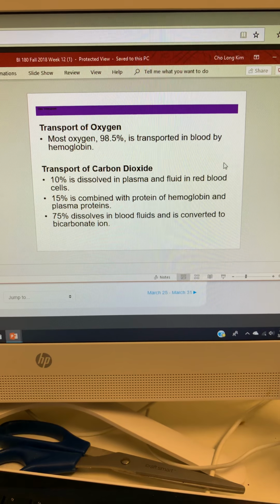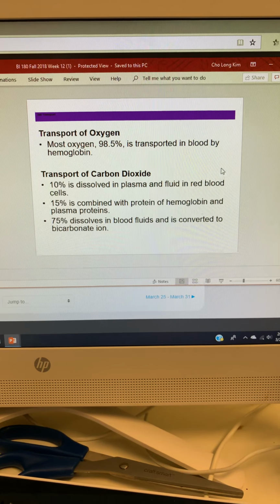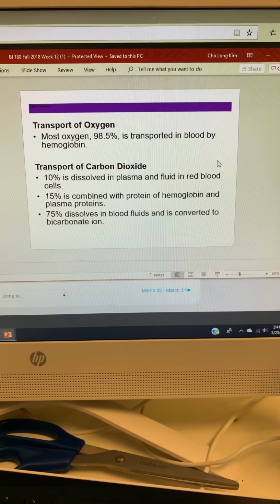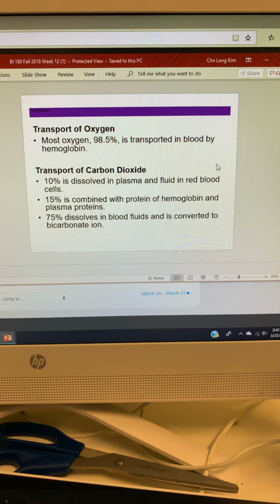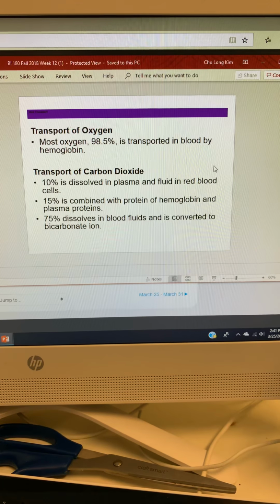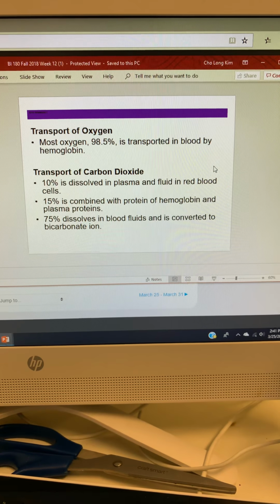Transport of oxygen. Most oxygen, 98.5%, is transported in the blood by hemoglobin. Transport of carbon dioxide: 10% is dissolved in the plasma, 15% is combined with proteins of hemoglobin and plasma proteins, and 75% dissolves in the blood fluids and is converted to bicarbonate ions.